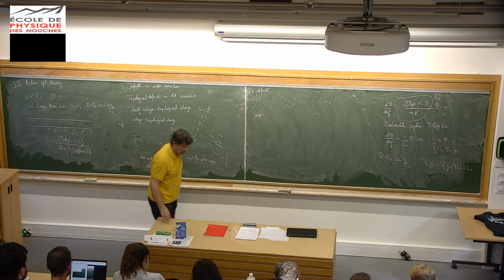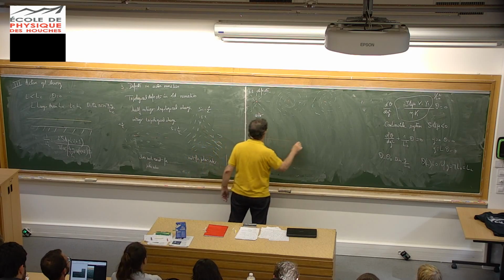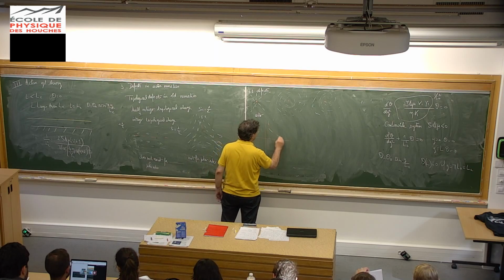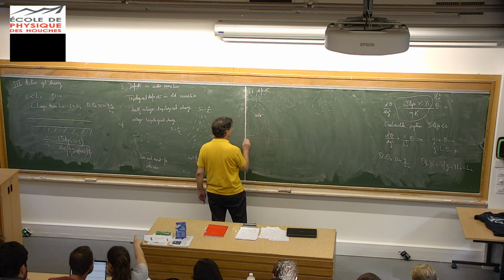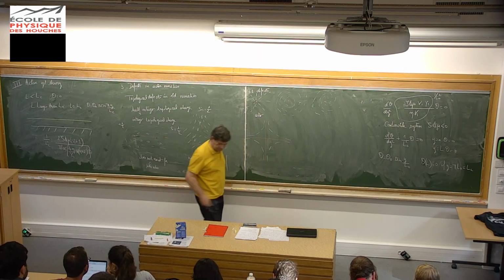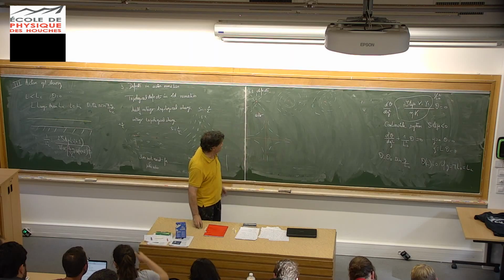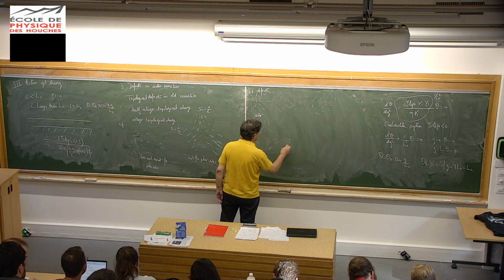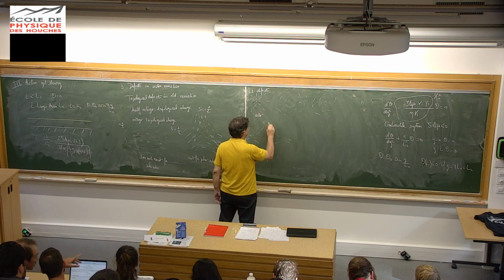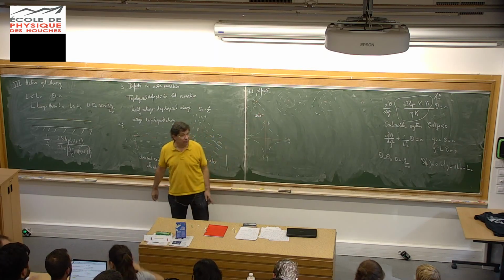The -1 defect only has one, like this. And if you put arrows on any of these, I can put arrows like this. It works, so these defects you observe also in polar systems.